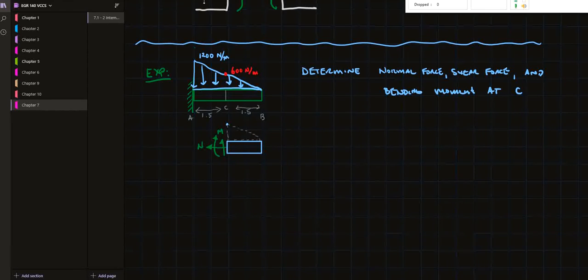concentrated load at a third the distance from the left edge, as we found with triangles, which is equal to this area of this triangle, the little triangle here.